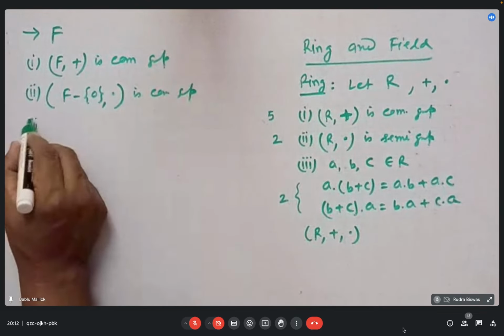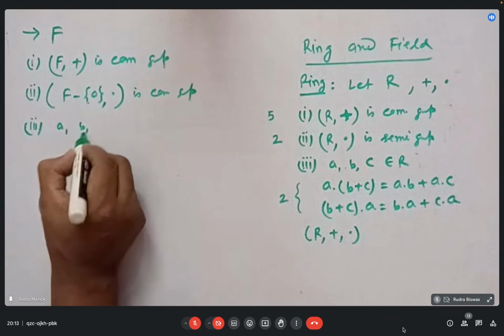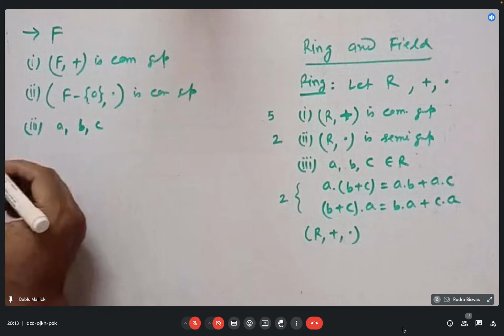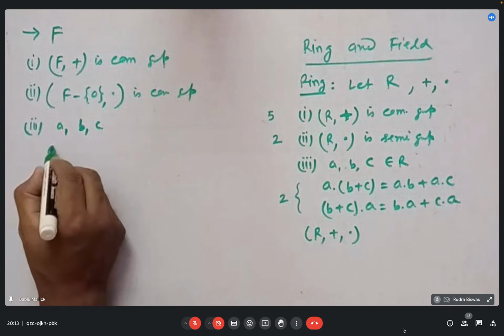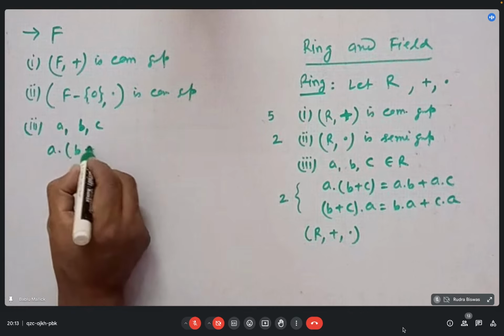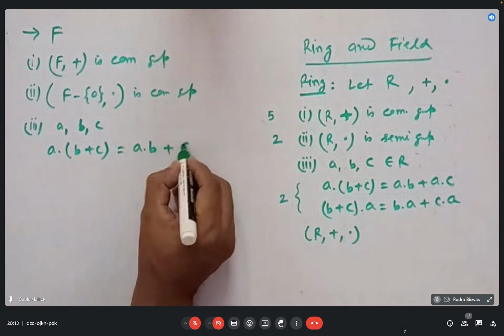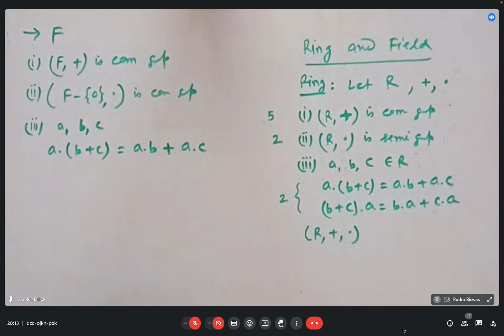Number three, for any three elements a, b and c, a into (b plus c) is equal to a into b plus a into c.